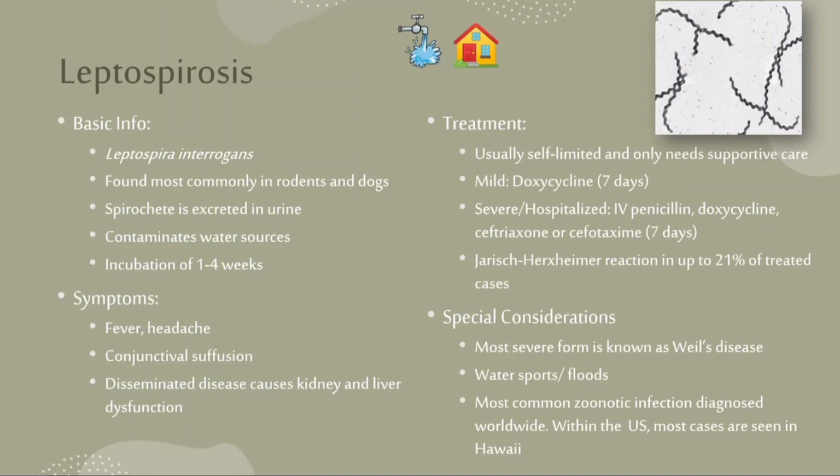So we do think about this with hurricanes and major floods that happen, which I didn't really think about to begin with. Any freestanding water that can be contaminated by animal urine is a source here. This can also be found in cattle, pigs, horses, and rodents.